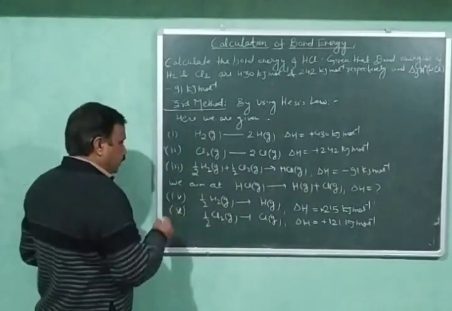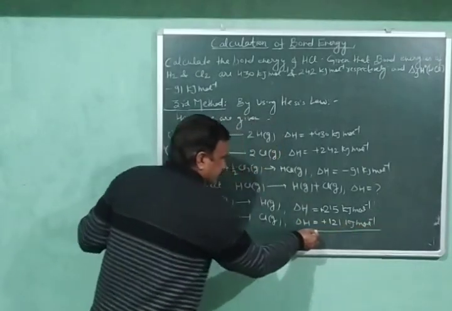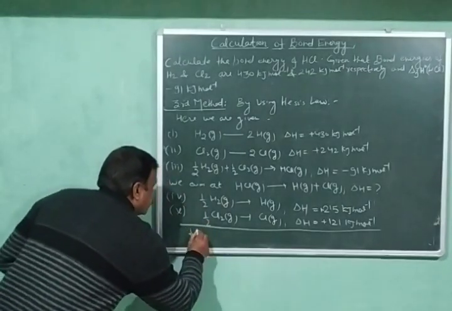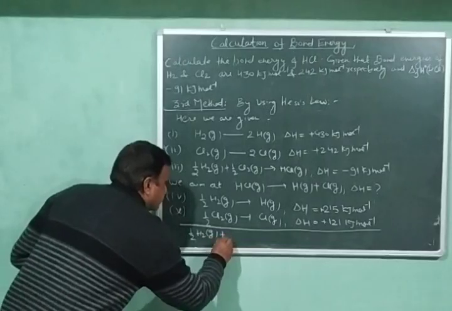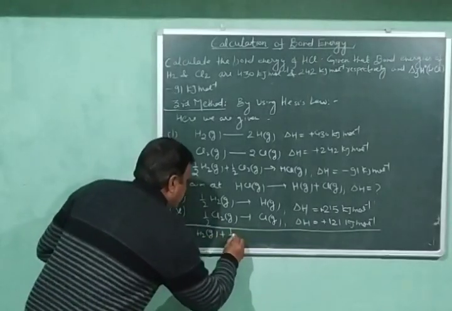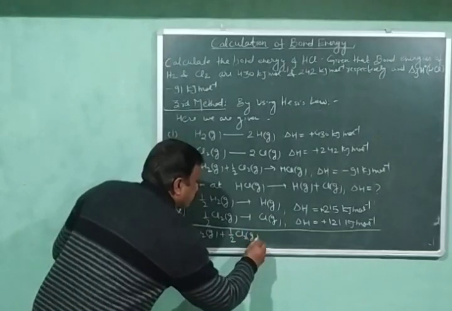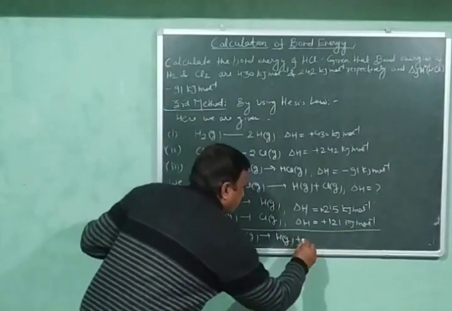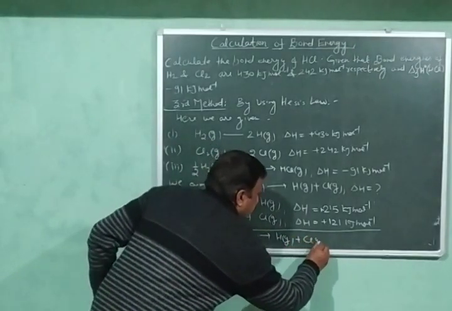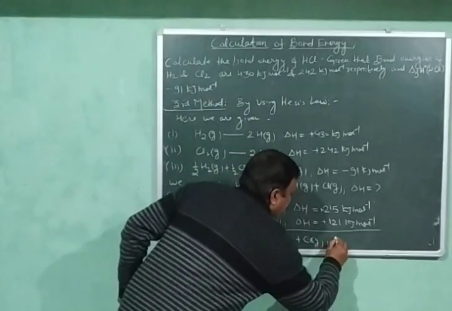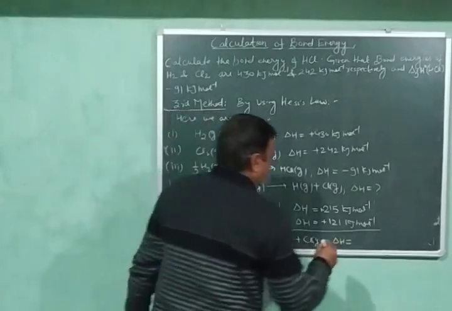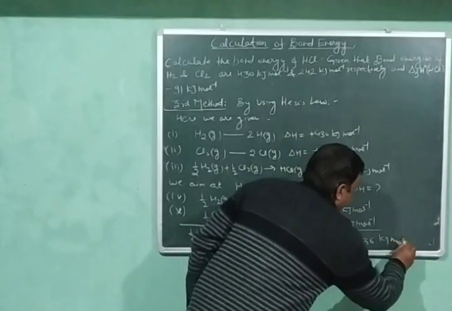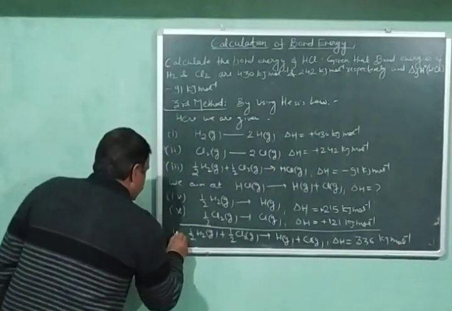Now let us add equation number 4 and 5, and after addition we will have half H2 gaseous plus half mole of Cl2 gaseous, giving us 1 mole of hydrogen atom in the gaseous state and 1 mole of chlorine atoms in the gaseous state, and the delta H will again be added and it will be equal to 336 kilojoule per mole, and this is equation number 6.